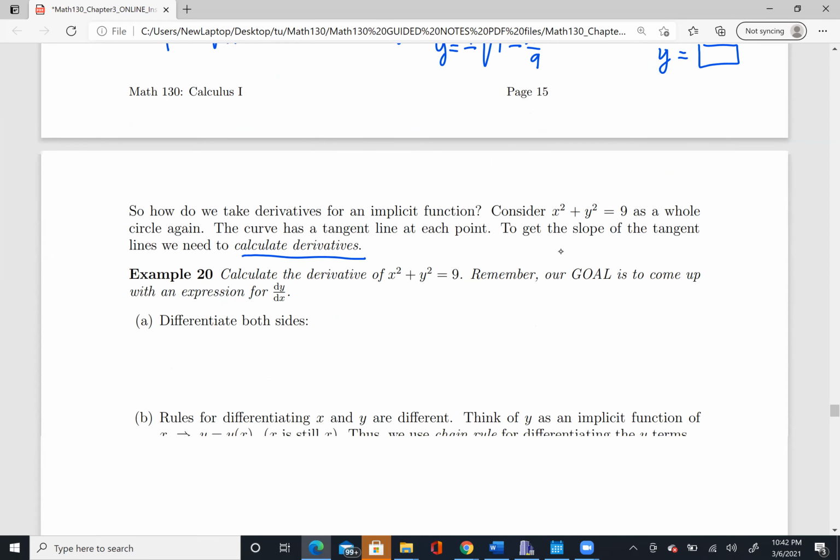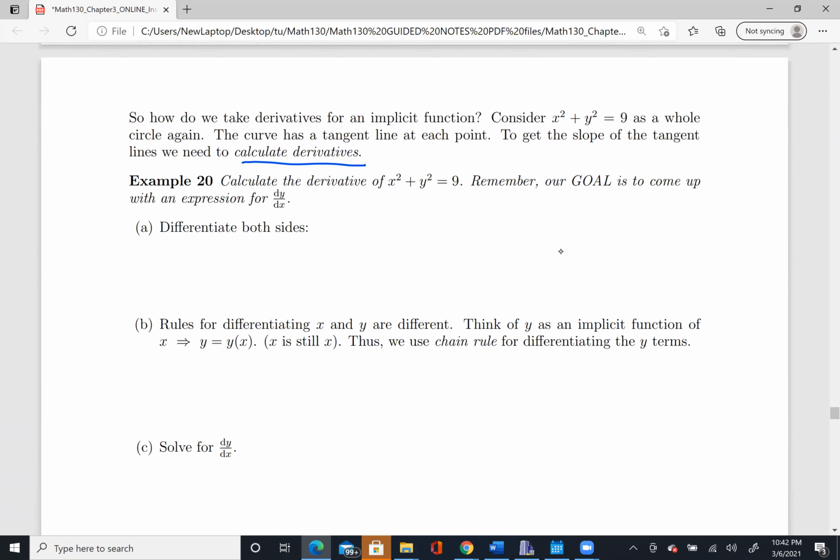So let's have example 20. Calculate the derivative of x squared plus y squared equals 9. Remember that our goal is to come up with an expression for dy/dx, the derivative of y with respect to x.